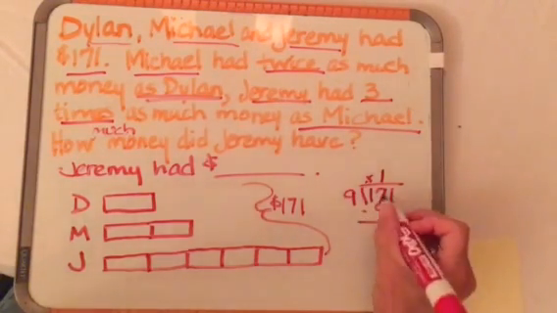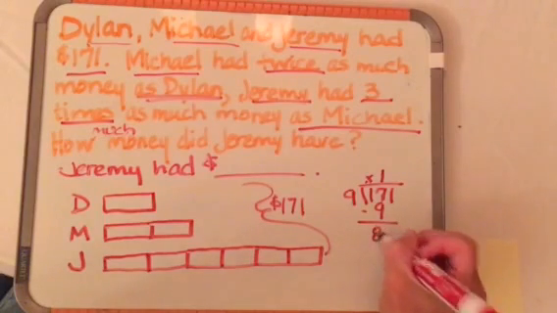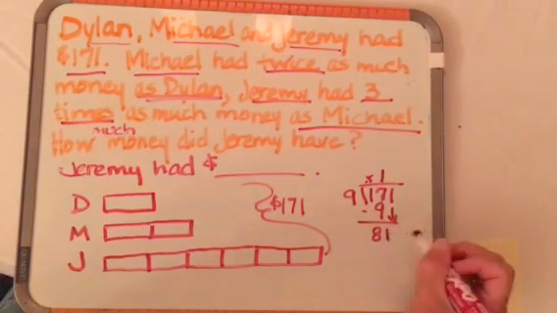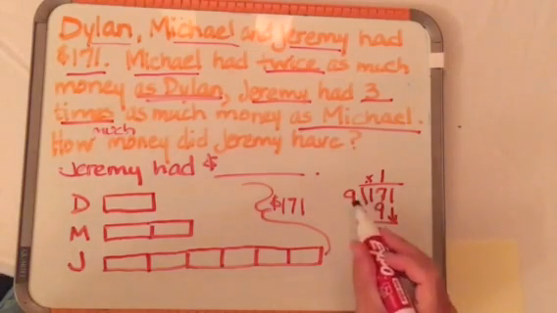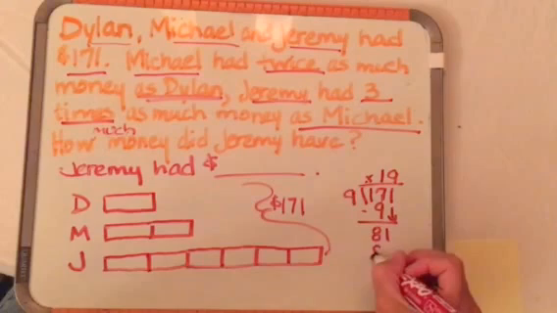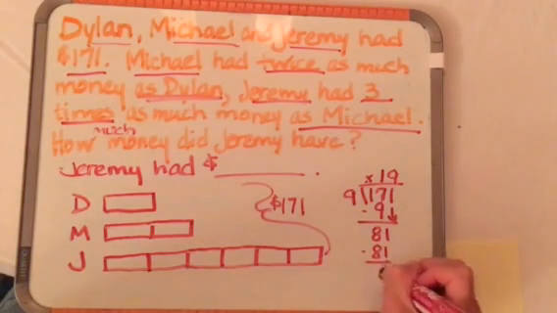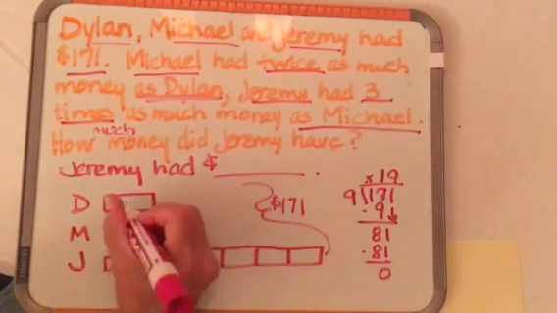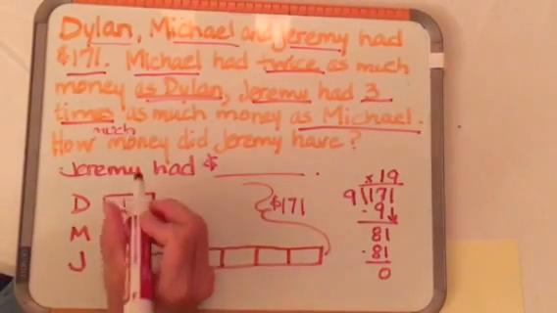I subtract to get 8. I'm going to bring down my 1. And I have 81 divided by 9. And that goes in evenly because 9 times 9 is 81. I have no remainder. So this tells me how much each of these units represents.